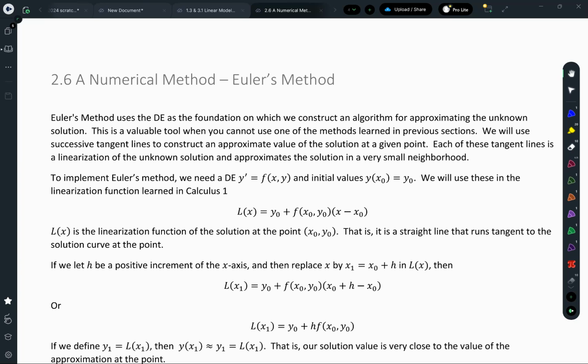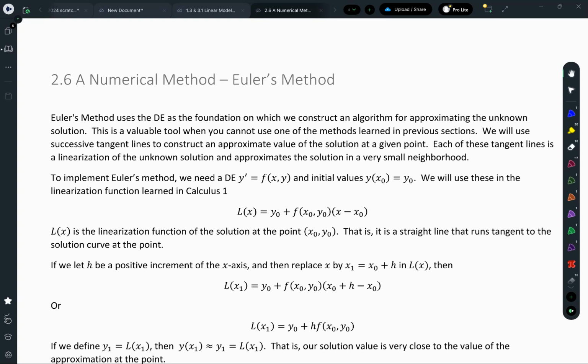So Euler's method is going to use the differential equation as a foundation for building an algorithm that gives us an approximation of some unknown solution. What we're going to be after, though, is coming up with a value, like a number, not just a function.